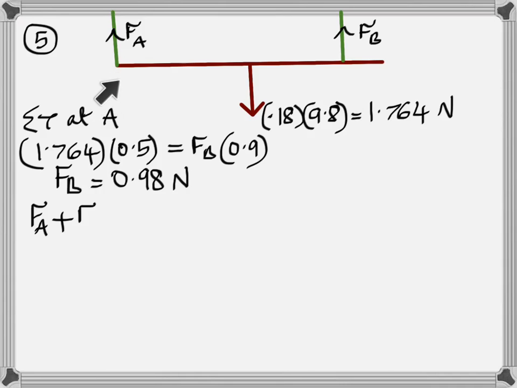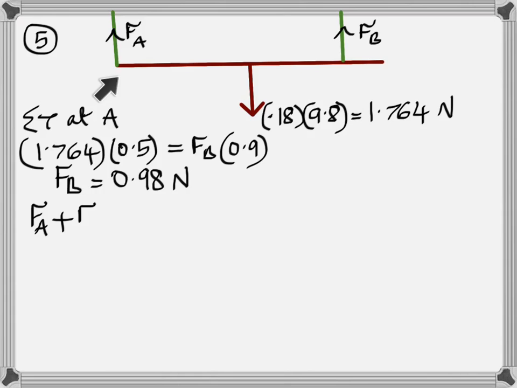Because when you do that, the torque due to Fa becomes 0. You see that? So now you only have this creating a clockwise torque, which is 1.764 times 0.5, and the other is a counterclockwise torque given by Fb times the distance.